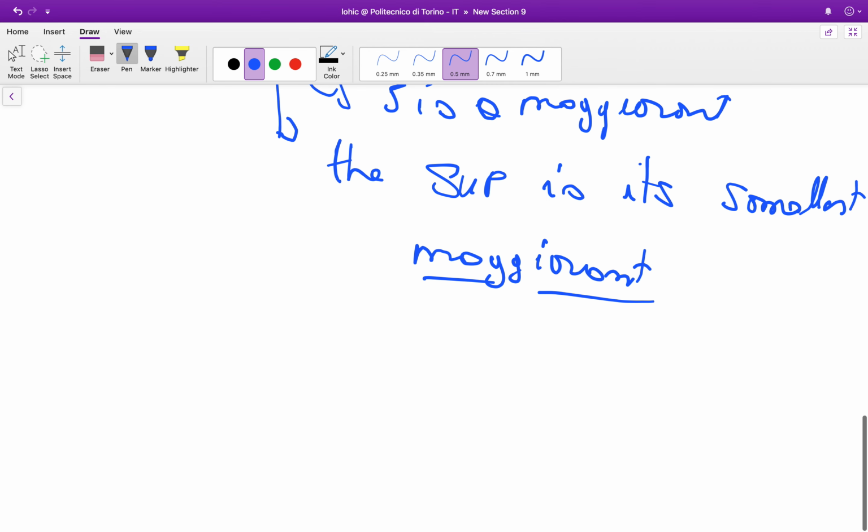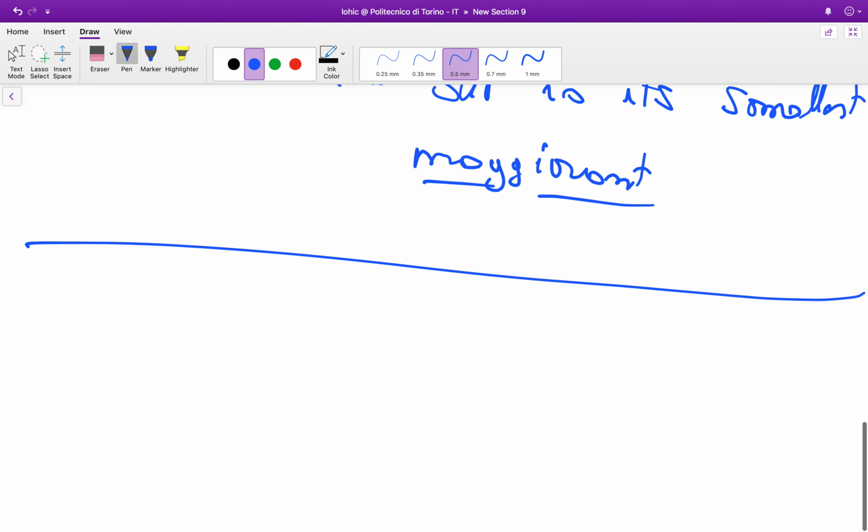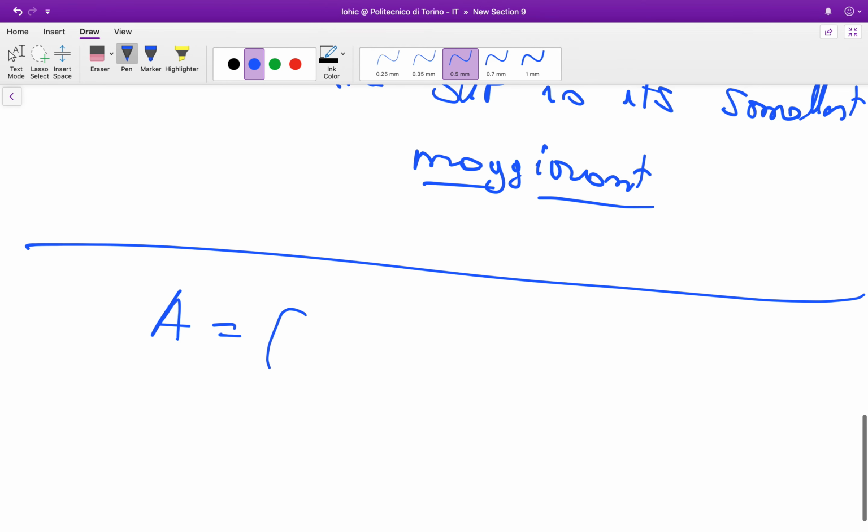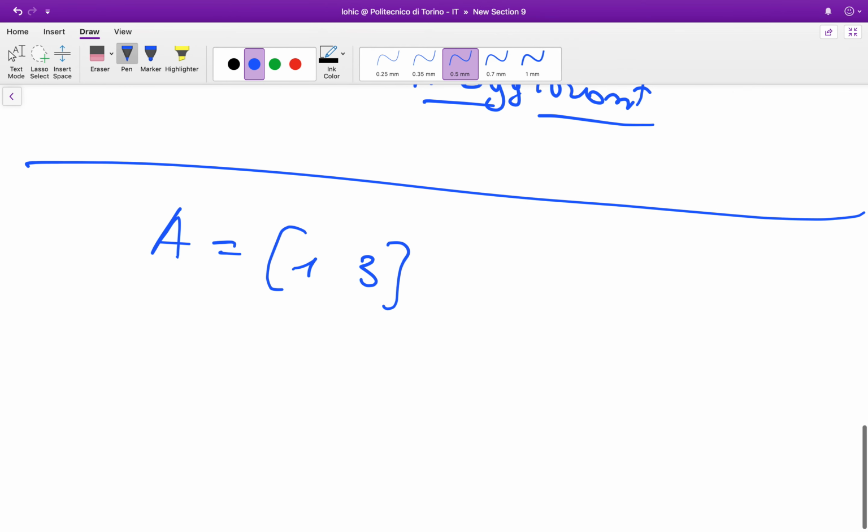In the same way, let's go to the other side. So you have A equal to 1 until 3. What are the minorants? If I take for example minus 2, you see that minus 2 is smaller or equal than any element of A, yes or not?